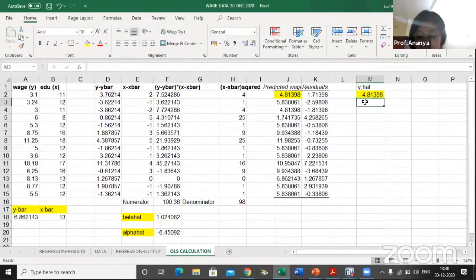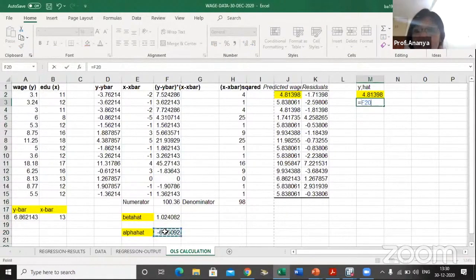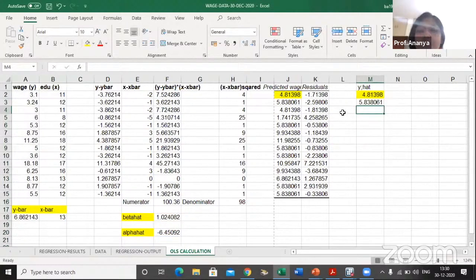I'll do it once again. This is equal to alpha hat plus beta hat into x. Now what is x over here? 12. This is for the second person. The first person is actually earning $3.1, but your model is predicting that somebody with 11 years of education should be earning $4.8.